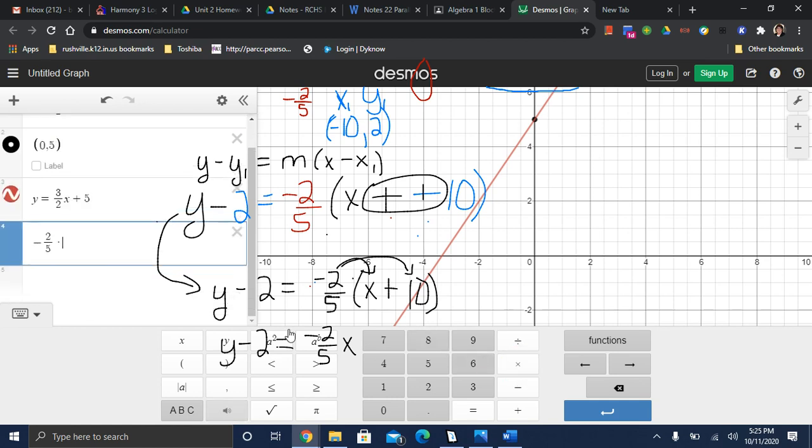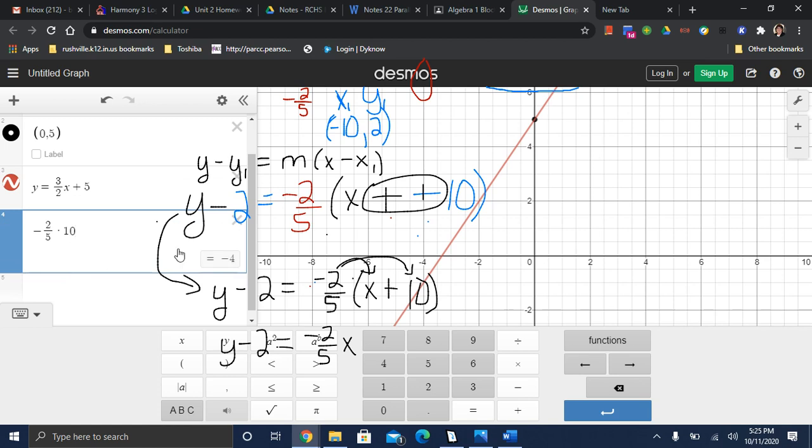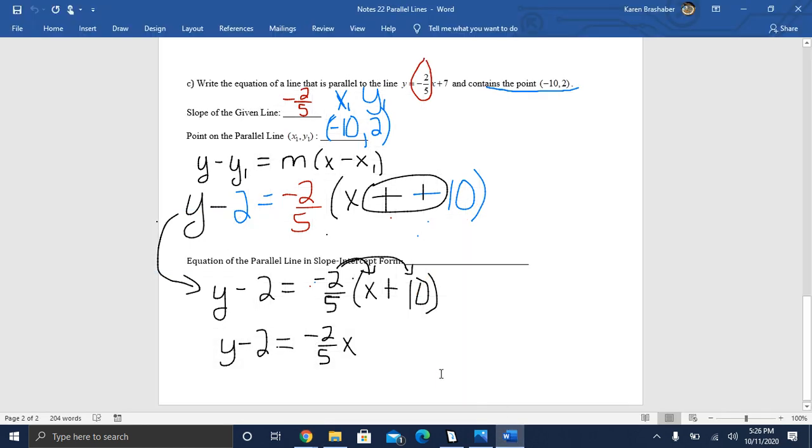Negative 2/5 times 10, and that equals negative 4. So I'm going to go back to my work page. Negative 2/5 times 10 was negative 4.